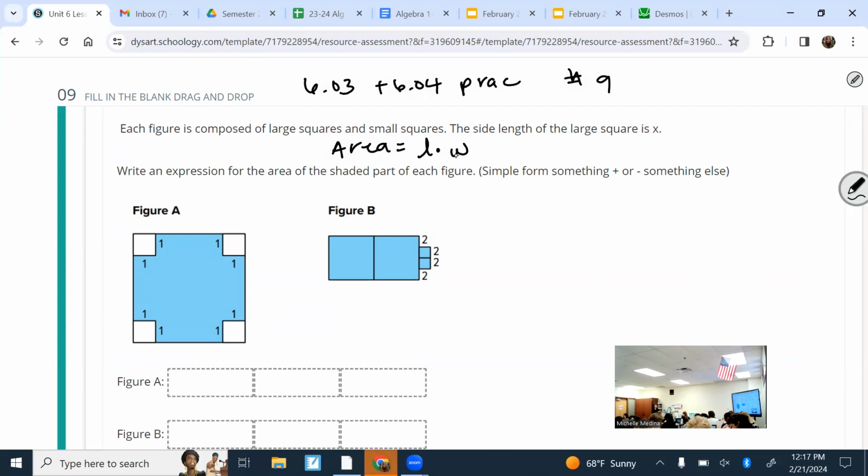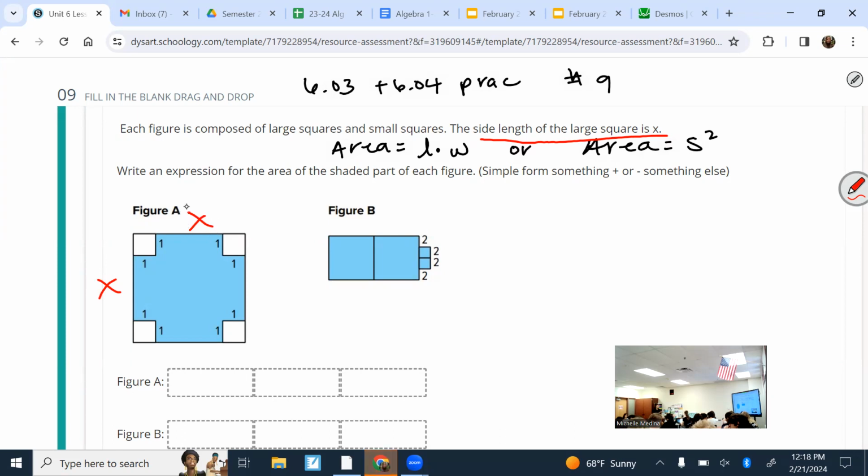So you could write it like this, and that'll get you the answer, or since these are squares, you could write side length squared. Both give you the area of the square. And it gave me some information. The side length of the large square is x. So if this is the side length of the large square, and it's a square, that means this must also be my side length for that side.